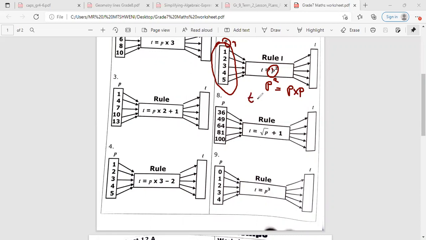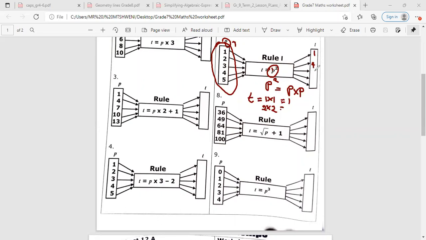What does it mean? It means t is equal to, then you're given 1, which means 1 multiplied by 1, whereby you get a 1. So it's going to be a 1 this side, then it's 2 here. So now 2 is going to be 2 times 2. You get a 4. Then it's 3 times 3.